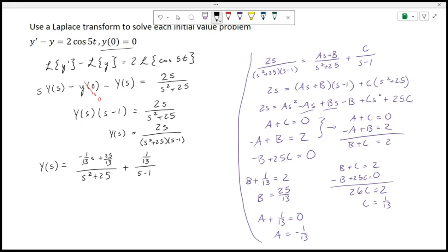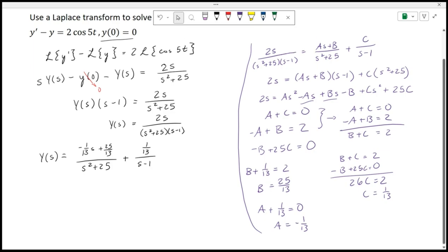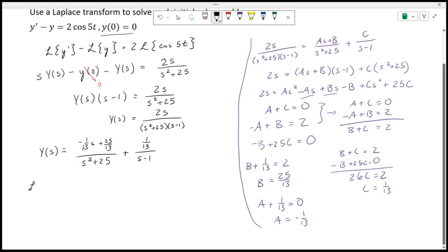Okay, so I'm going to apply the Laplace inverse here, but I'm also going to clean it up a little bit. I'm going to pull all the 1/13ths out of these fractions, just to make it a little easier to deal with. So I take the Laplace inverse of Y of s on the left, and then I'll factor out a 1/13th Laplace inverse of negative s plus 25 over s squared plus 25.